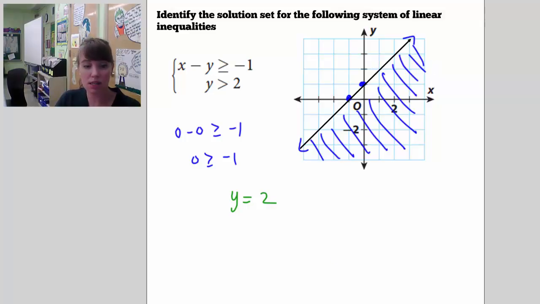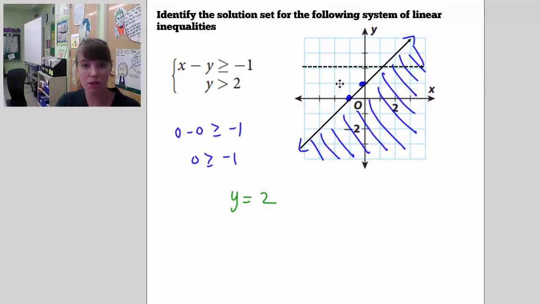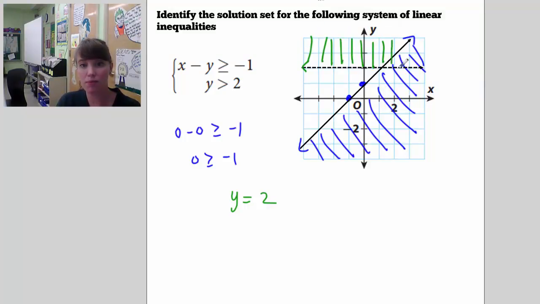Now since it's just greater than, not equal to, it's going to be a dashed line like that, and we're going to shade above it. So we want all the y values above this area.